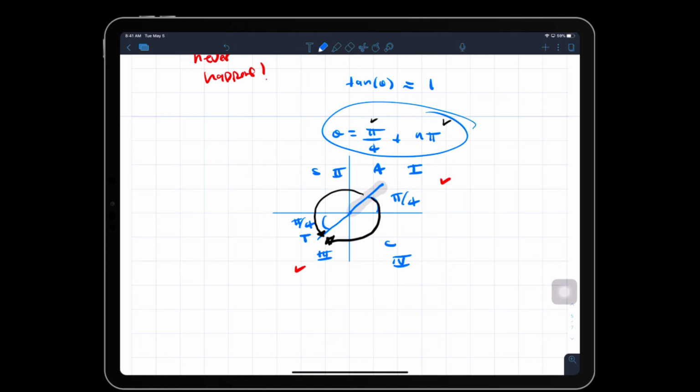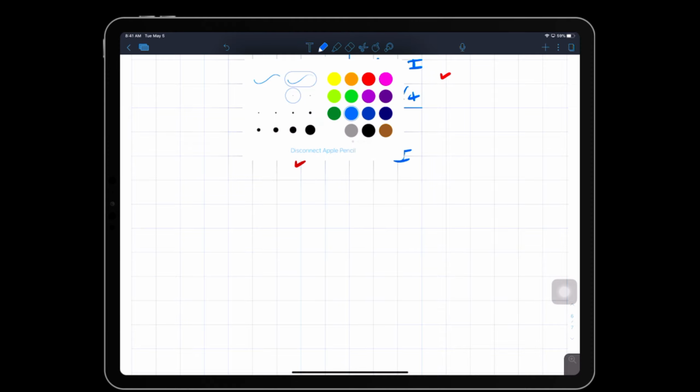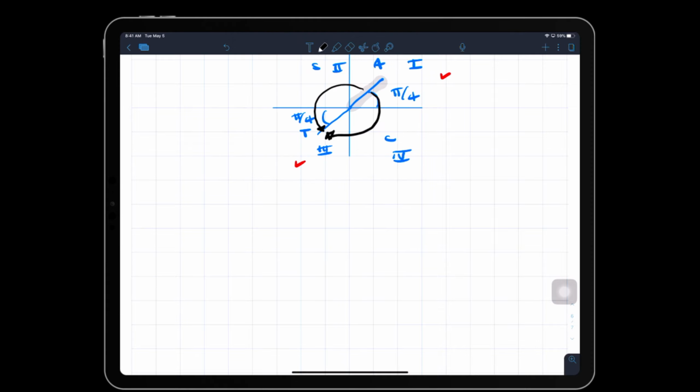Here's the angle for theta. There was no restriction on theta. So at this point, we can say r theta, at least for the solution, is in the r theta, because they want location, they want points. R is e to the pi over 4 plus n pi, and the theta part is pi over 4 plus n pi.